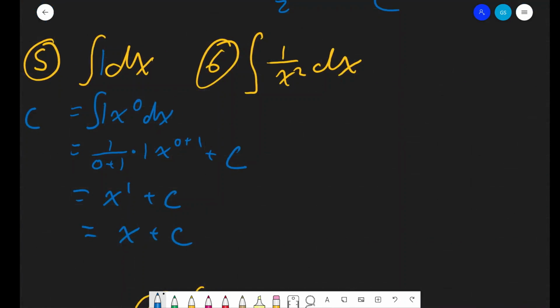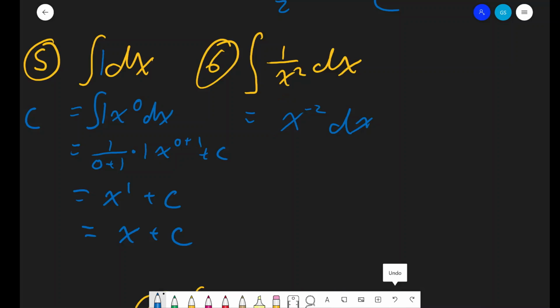All right, let me write a little smaller here. All right, this thing now. 1 over x squared, and we want to integrate this. Pause the video and see if you can try this. All right, so my strategy for reciprocal sorts of functions that we're integrating is to write it in this form where your exponent is negative.